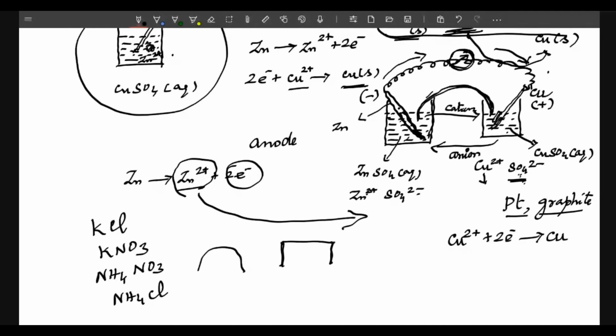That's the essential condition. For example, if in one compartment we have taken silver nitrate, shall we use potassium chloride or ammonium chloride in the salt bridge? You should not, because the chloride ion moving towards the silver nitrate would react to form silver chloride precipitate. Therefore, that's an important condition.